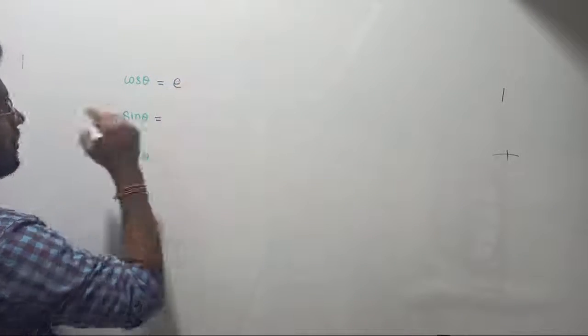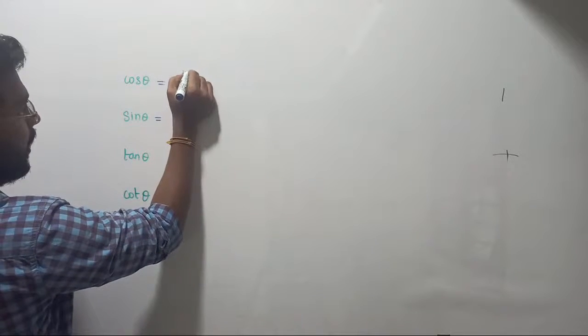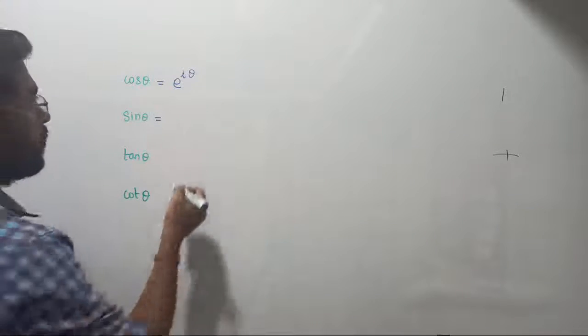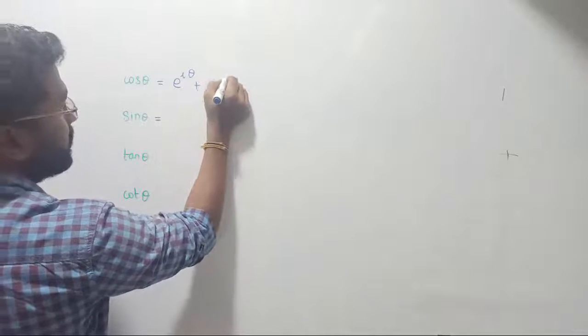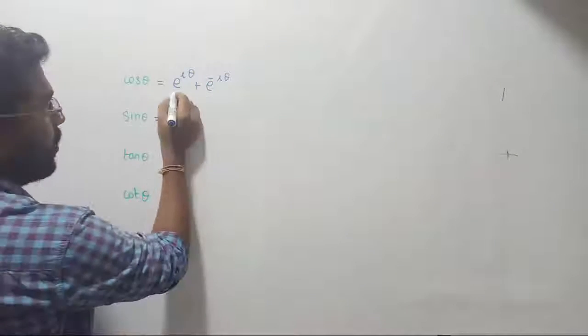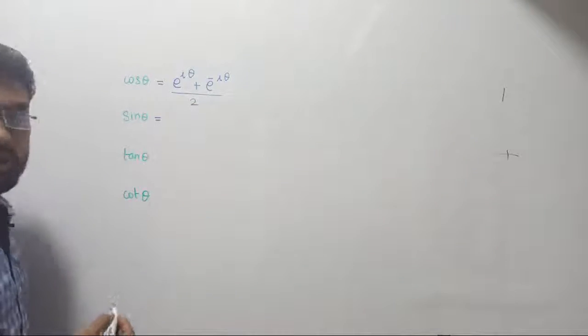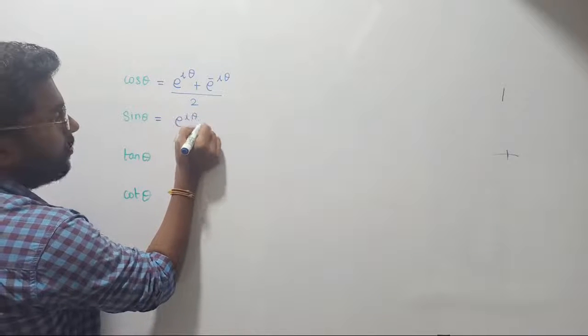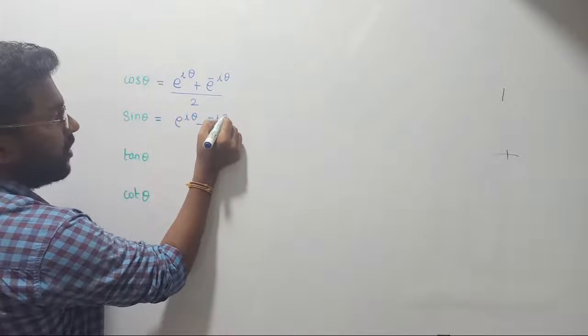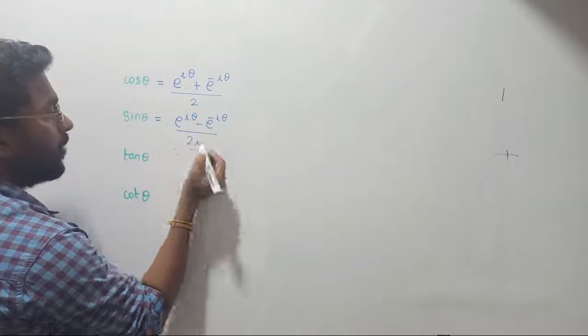According to the Euler expansion, cos theta can be written as e power i theta plus e power minus i theta upon 2. Similarly, sin theta can be written as e power i theta minus e power minus i theta upon 2i.